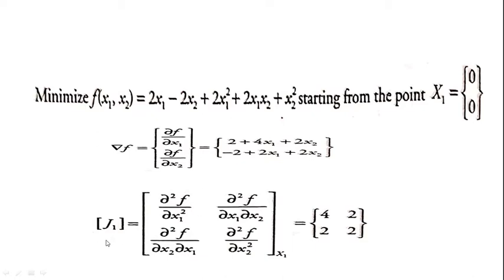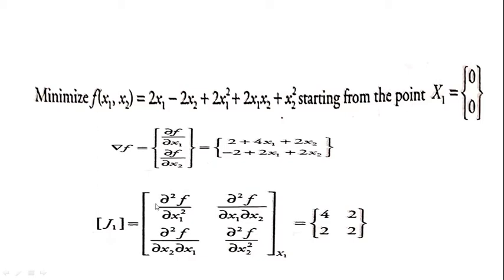Next we need to calculate J1, whose formula is del square f by del x1 square, del square f by del x1 del x2, del square f by del x2 del x1, and del square f by del x2 square.